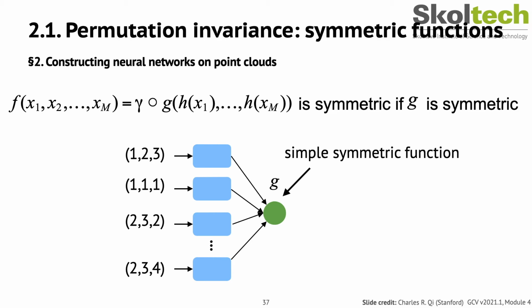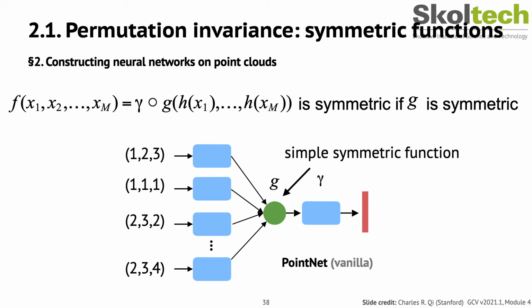Then we can aggregate point embeddings by a simple symmetric function g. Lastly, we post-transform the aggregated information by another network, gamma. This architecture has been dubbed PointNet Vanilla and lays the foundation of many sibling architectures for point cloud-based learning.